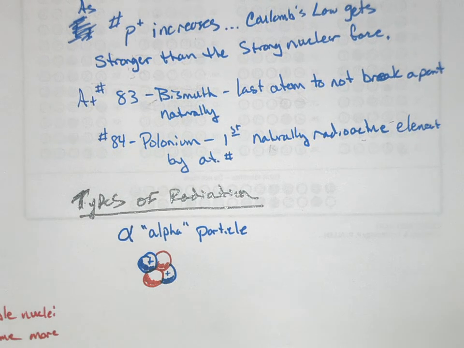Oh, but wait a second. If it's got a couple of protons, that means it has a what? It's got a positive charge, but what do protons do? Protons give us what number? It gives us an atomic number, right?